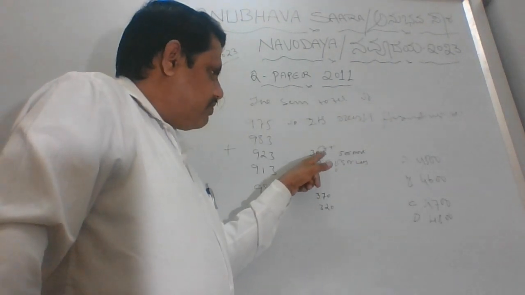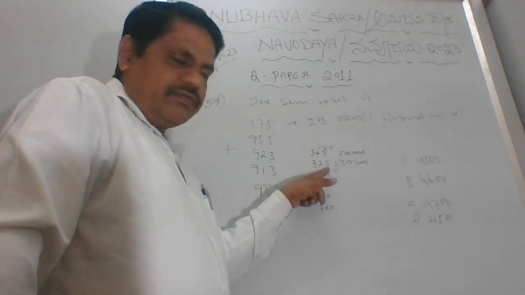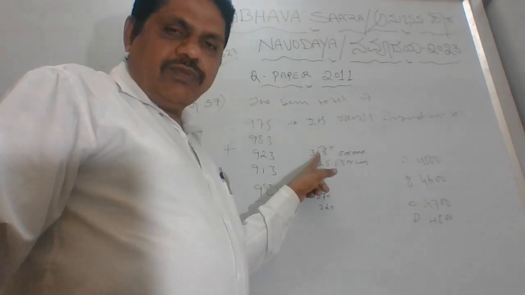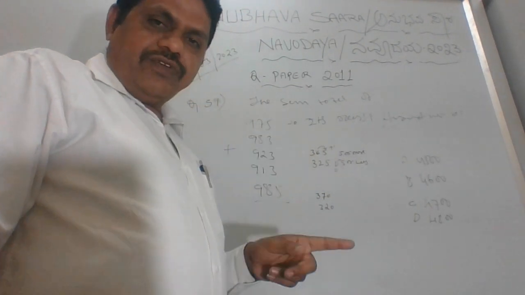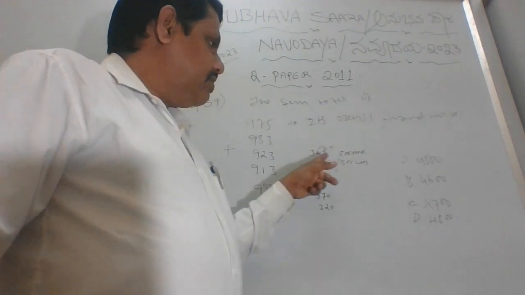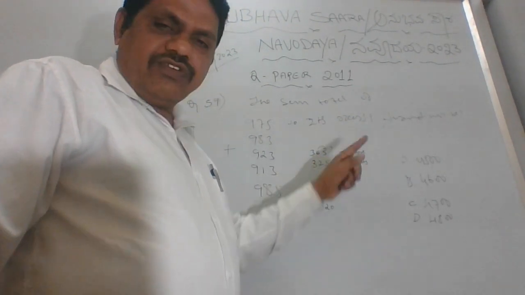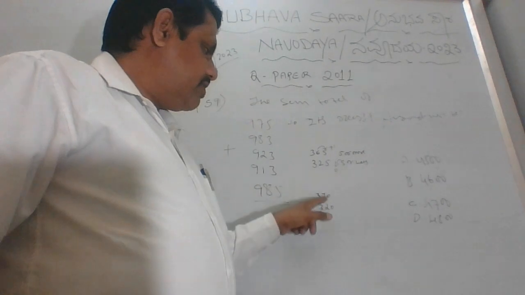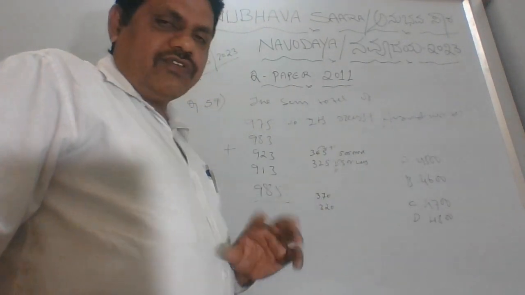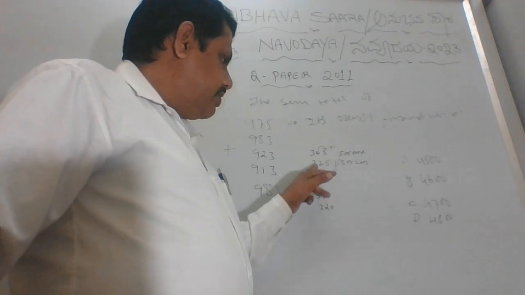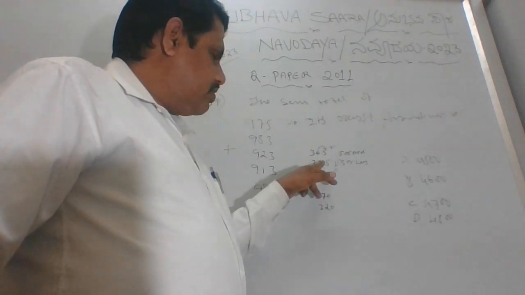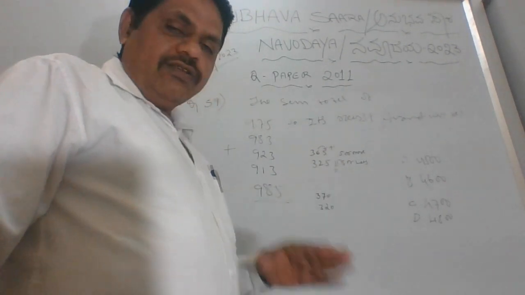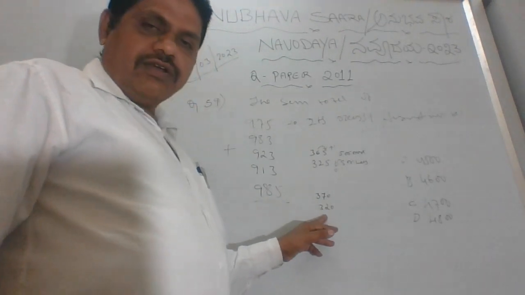Because the condition says that the digit 5 or more adds one to the tens digit. So 6 becomes 7 and the ones digit becomes 0. In 325, the 3 becomes... it stays 2 only, because it is less than 5.